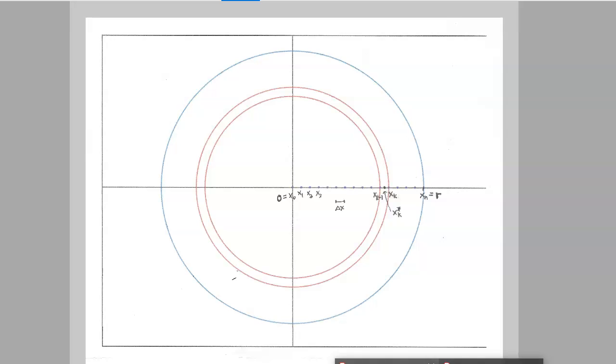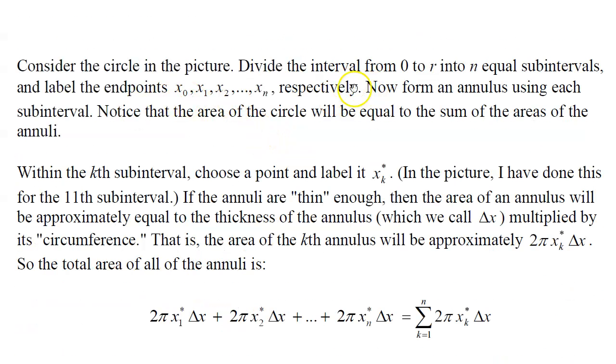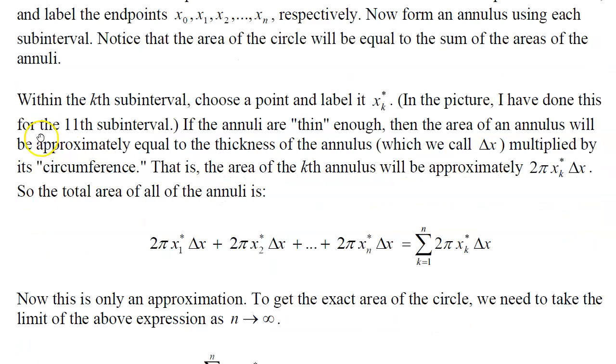Okay, let's go back to our PDF. Right here, and so I said consider the picture and divide that interval from 0 to r into n subintervals, and we labeled these endpoints x0 up to xn, and we formed an annulus using each subinterval, and notice that the area of the circle will be equal to the sum of the areas of those annuli. Okay, and within the kth subinterval, choose a point xk star, so within each subinterval.